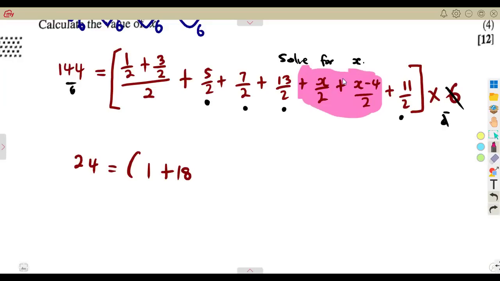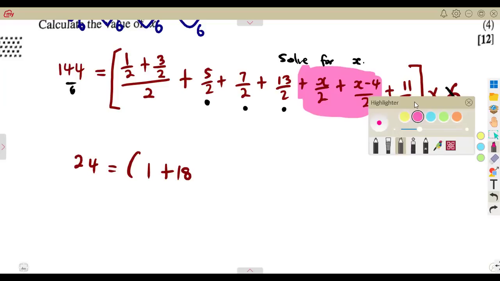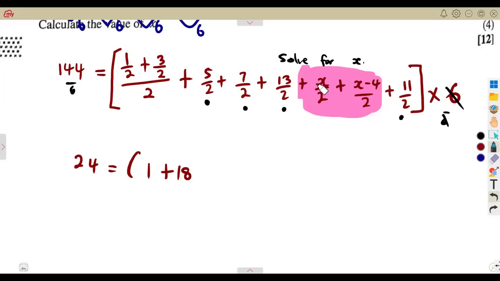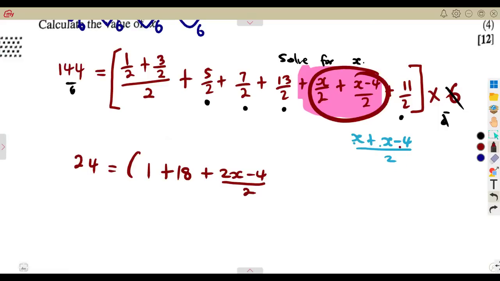So let's consider this, guys. We can see that the denominators are the same, so remember, if these two are the same, you simply have to add the numerators. So it was going to be x plus x minus 4, everything over 2, where x plus x is 2x. So this was going to be 2x minus 4 over 2. You are simplifying the part of x on its own like this.